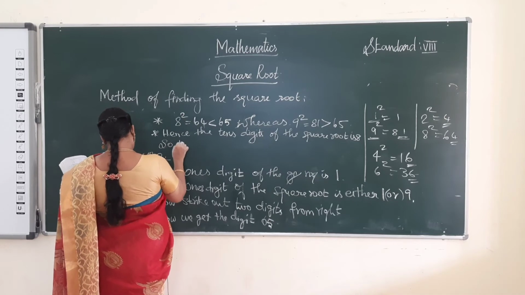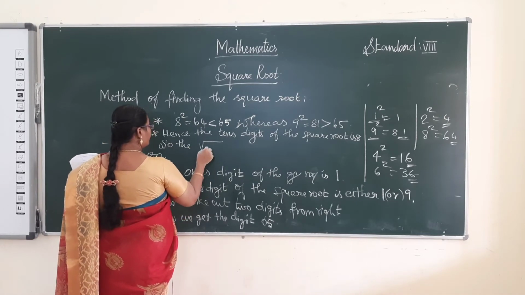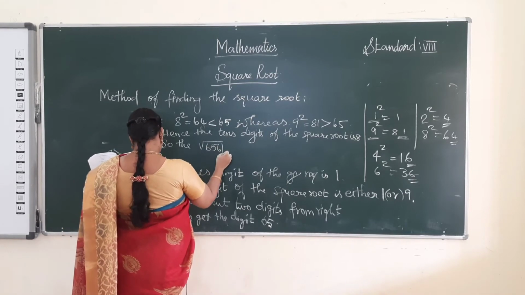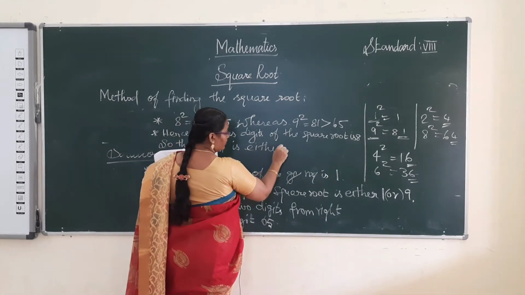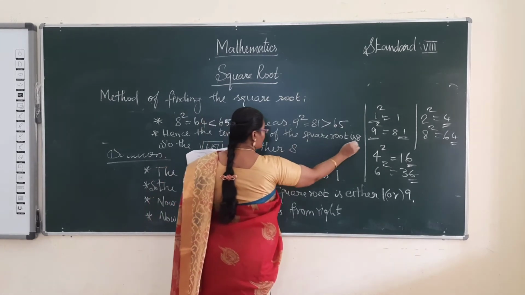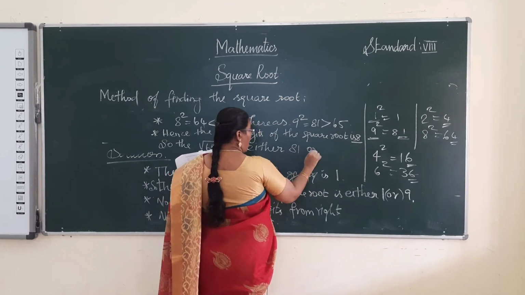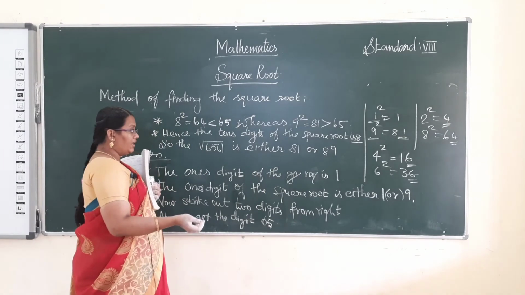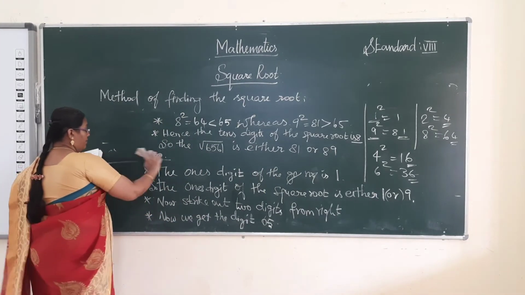Now, the square root of 6561: the tens place is 8 and the ones place is 1 or 9, so it is either 81 or 89.